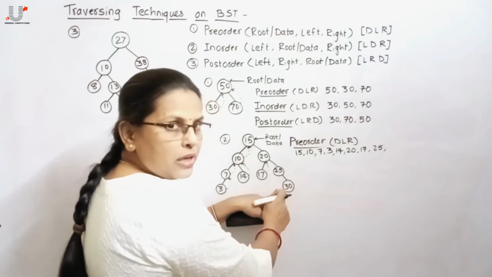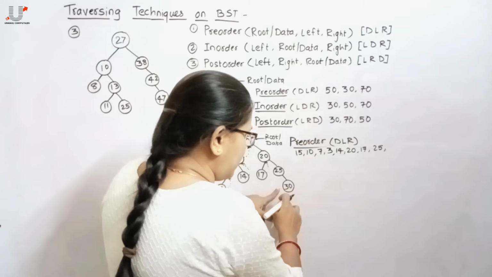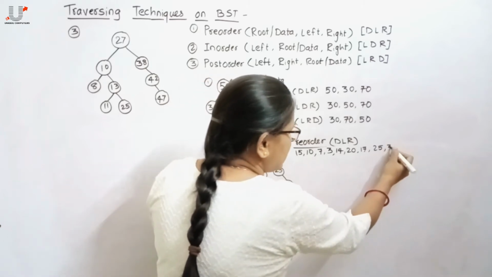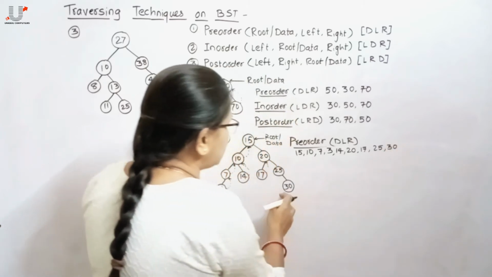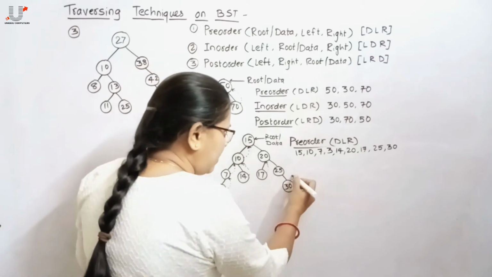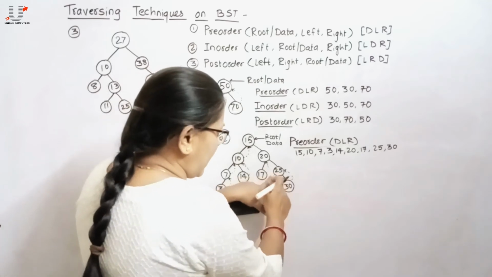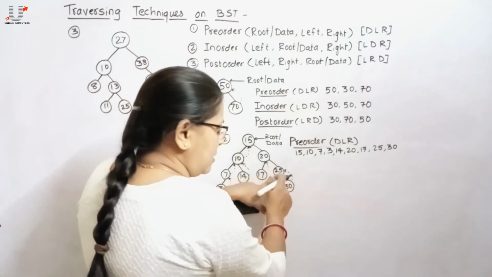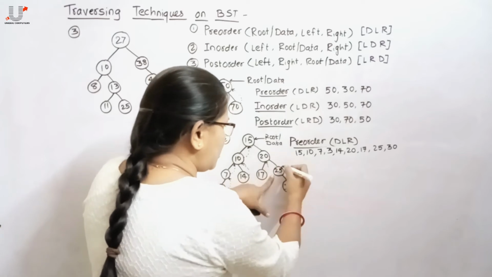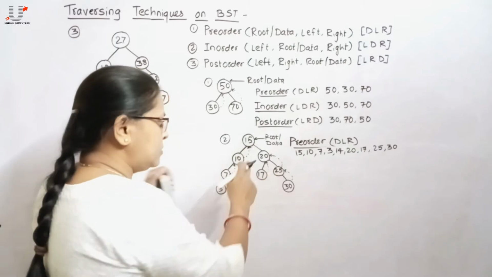Still this 30 is not processed, so apply DLR on this 30. So 30 itself, that means data, gets processed. Then as no left and right subtree is there for 30, again backtrack takes place. So the control goes to 25. As 25, its left and right, have been processed, control will again transfer to its parent, that means 20.